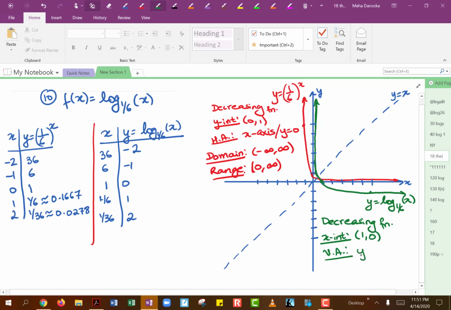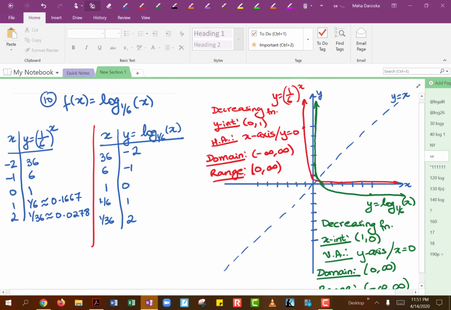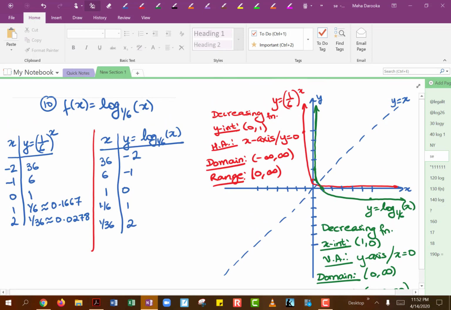And our domain is going to go from 0 to infinity, not including 0, because again, at 0 you have your vertical asymptote, and then the range will be negative to positive infinity. So some of these properties are still staying the same, but one of the main things you should notice is that you have a decreasing function instead of an increasing function like we had in the previous example.